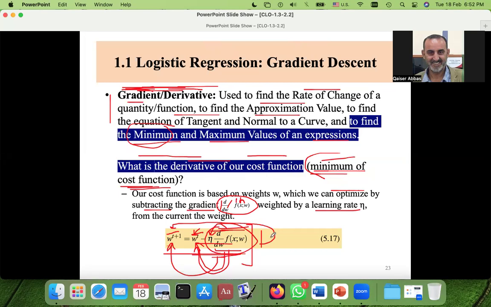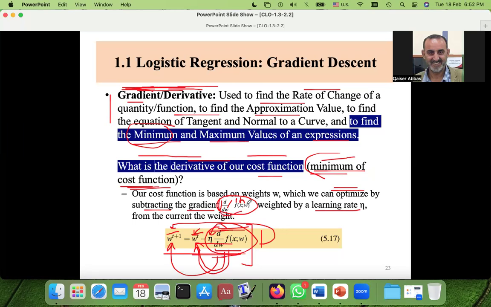So we were here, we saw something here. First, what is the derivative of our cost function? The gradient is that we want to minimize our loss or cost function. And then how can we optimize? Calculate was the previous step, optimize.